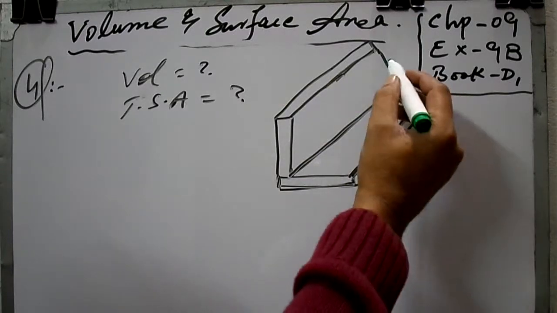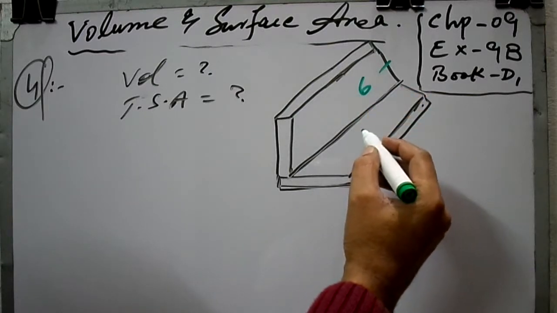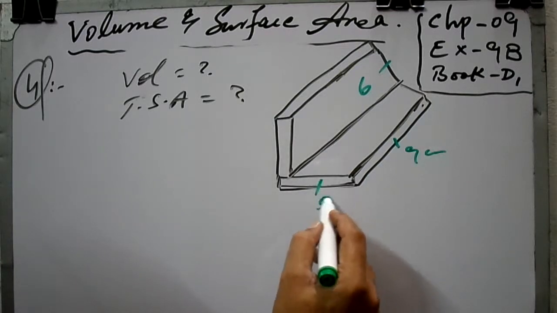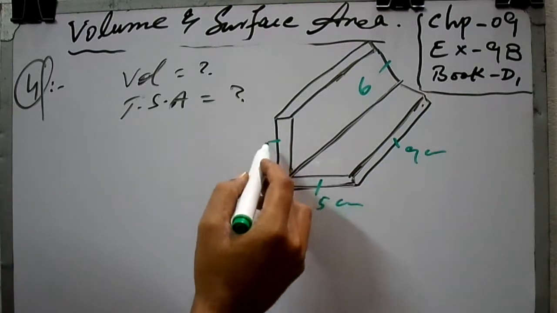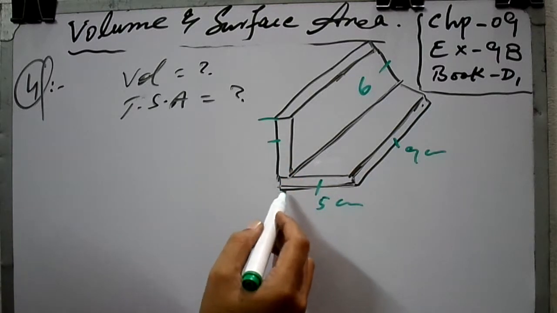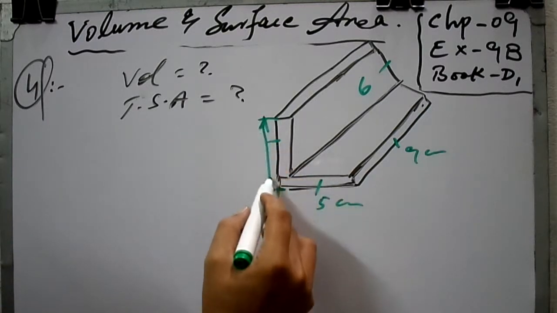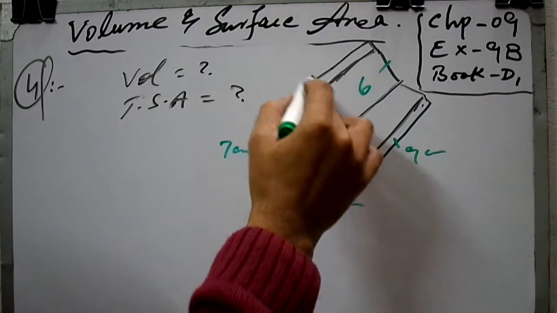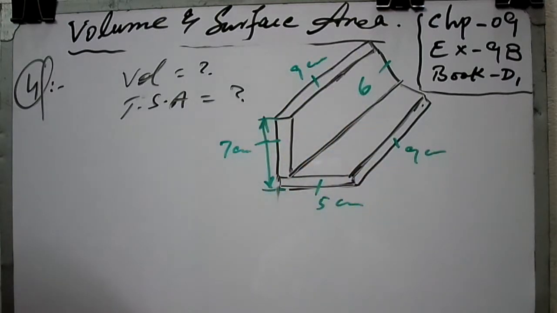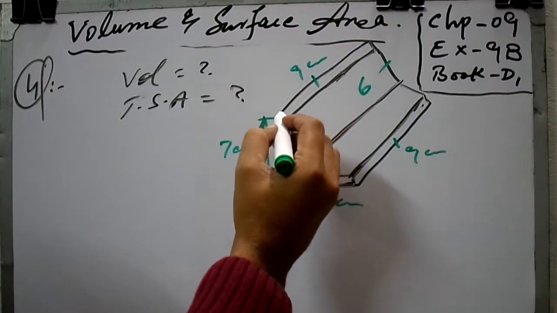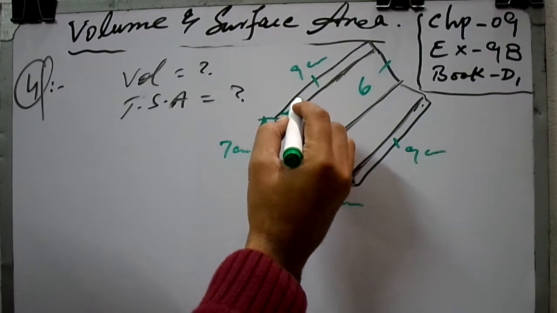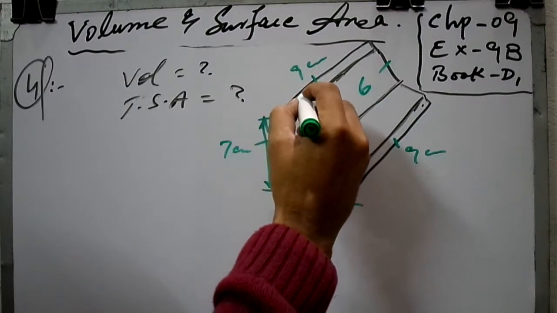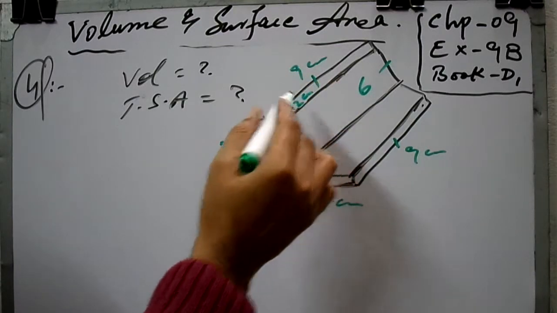So for example, that is your 6 centimeters, and that is your 9 centimeters, and that portion is your 5 centimeter, and this height, which is up to this, is equal to 7 centimeter, and that is also 9 centimeters. So this is the given condition, but what is the thickness of this? This is your 2 centimeter. That thickness is your 2 centimeter.